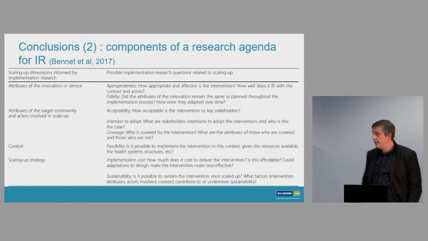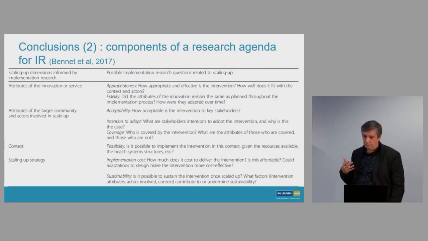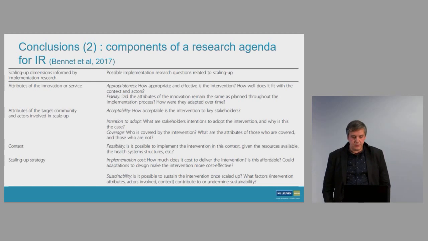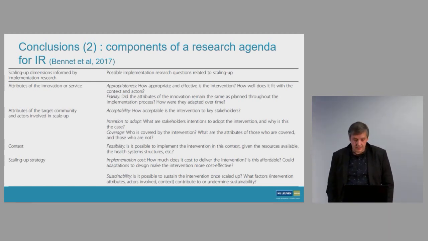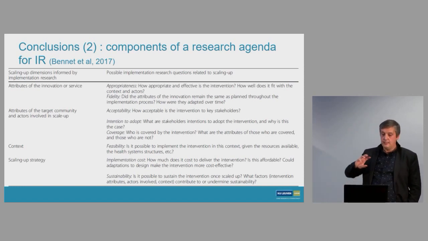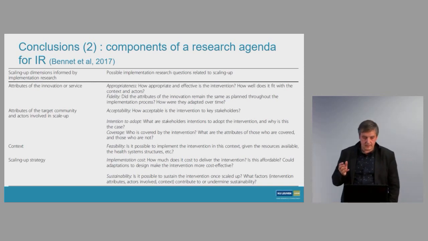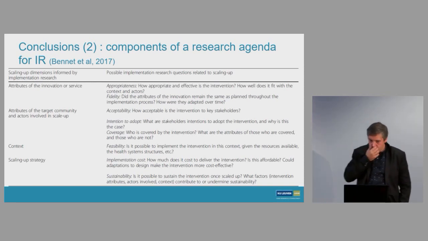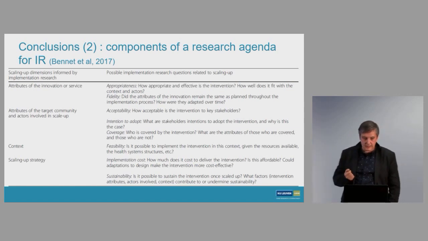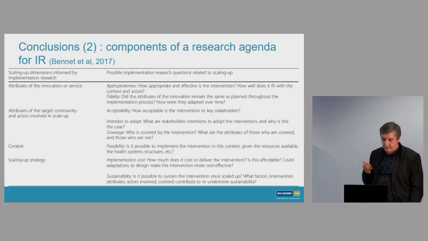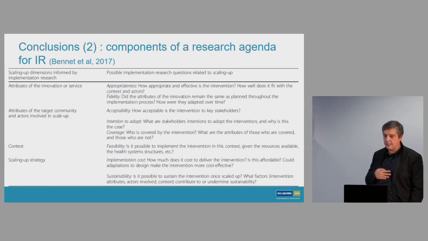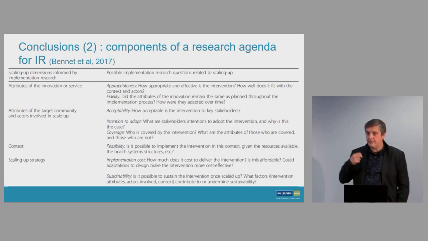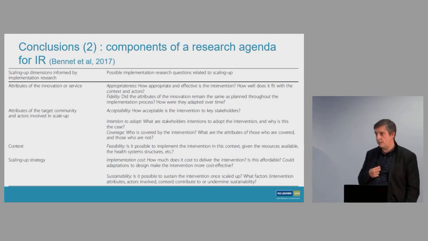And then, thirdly, if you want to do implementation research, and I make use of this table by Bennett and others, you will see that the research agenda has a lot of other research questions. Bennett and others introduce appropriateness, fidelity, acceptability, intention to adopt, coverage, feasibility, implementation costs, and sustainability as the guiding criteria of implementation research.